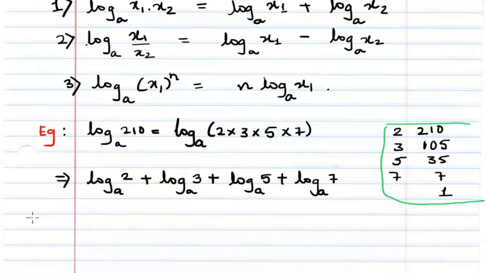Okay. Now we'll go with the proof of law 2. The law 2 says log of x1 upon x2 to the base a is equal to log of x1 to the base a minus log of x2 to the base a.